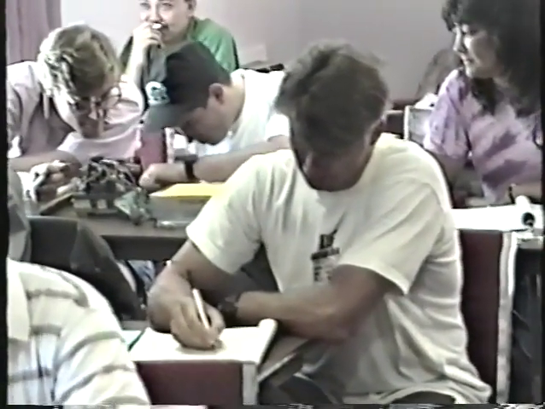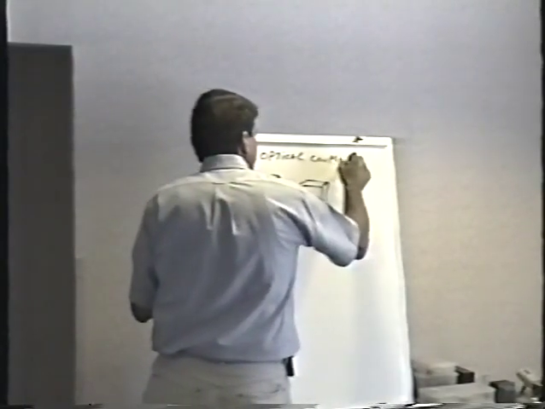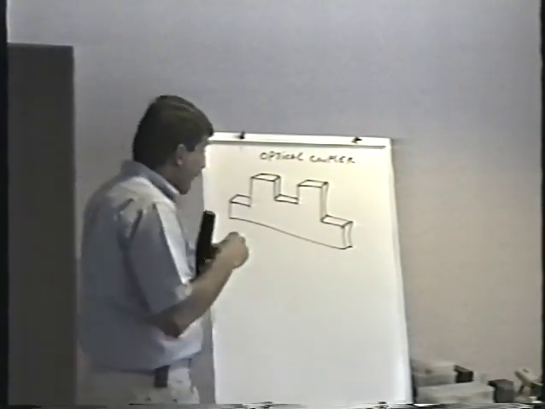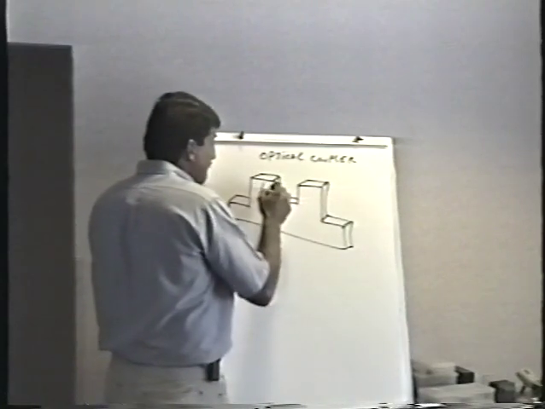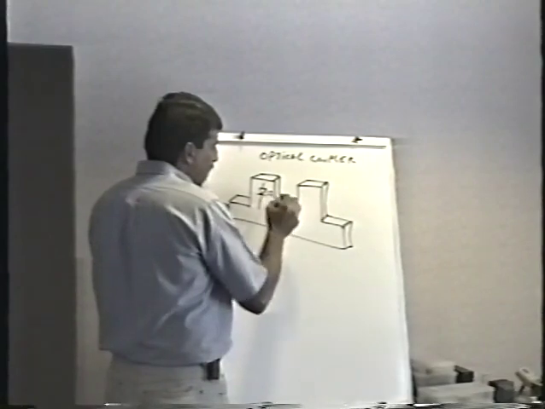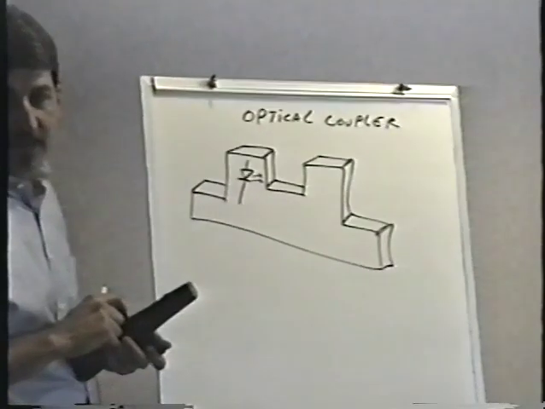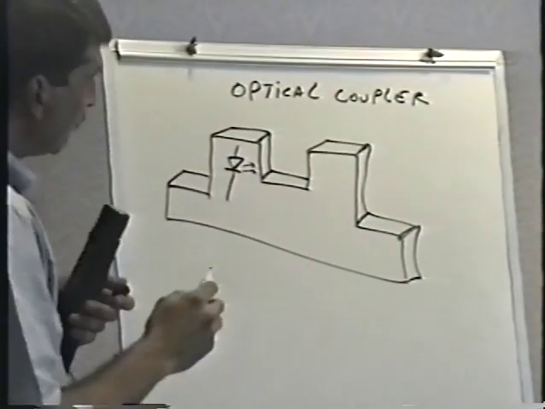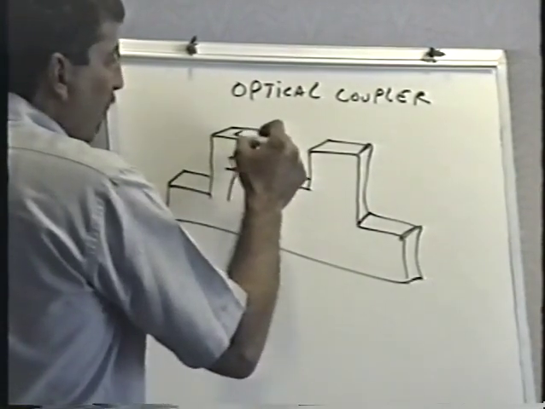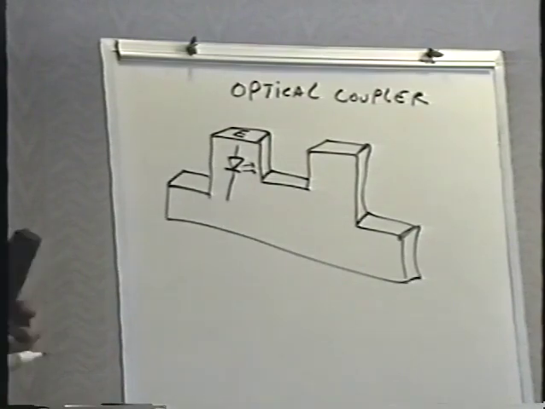This thing is called an optical coupler. In the optical coupler, on one side is this light-emitting diode. And there's the light-emitting diode. The little arrows that come out mean that there's light being emitted from the part. You may see on these optical couplers an E on it for emitter, because that's the thing that's emitting the light.